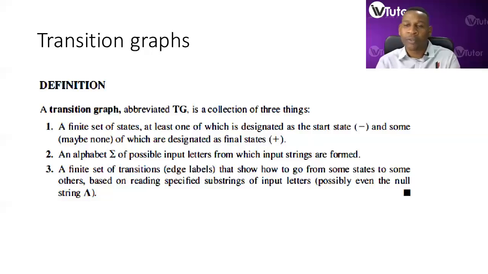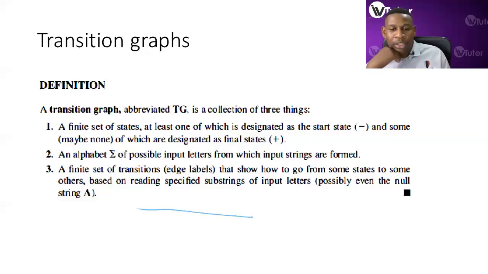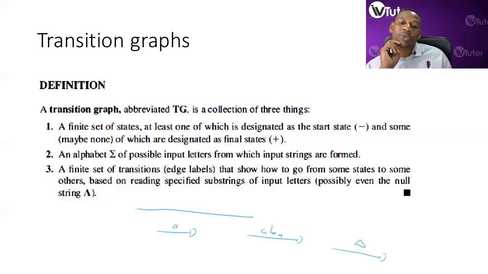So we've got a whole lot of differences here. A transition can be labeled with a letter of the alphabet, with a substring, or with null. A substring can be a full word, a single letter, or null. Any of these can be labels in a transition graph.